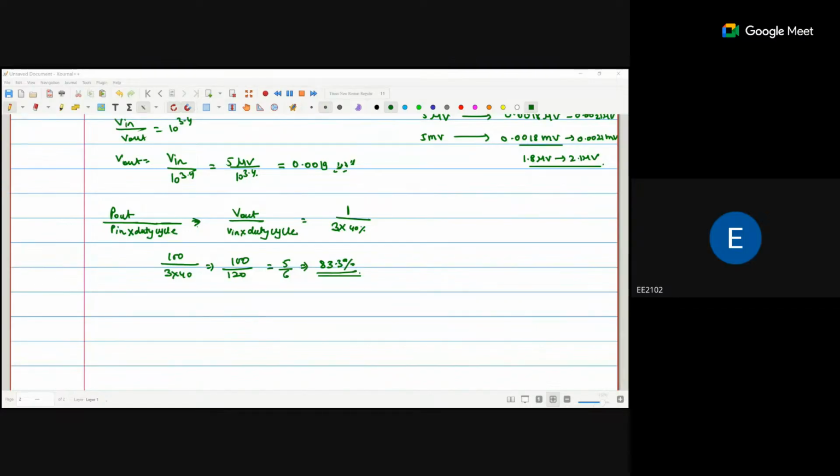Question number sixth and seventh, any doubt? Basically, these questions depend on the question itself, so I am sharing it.